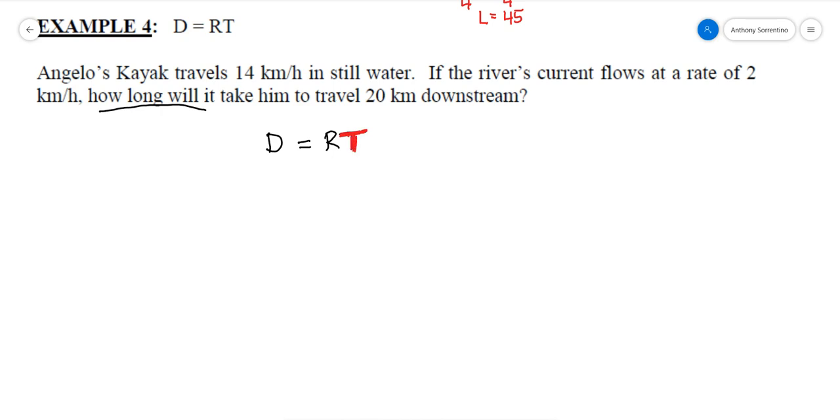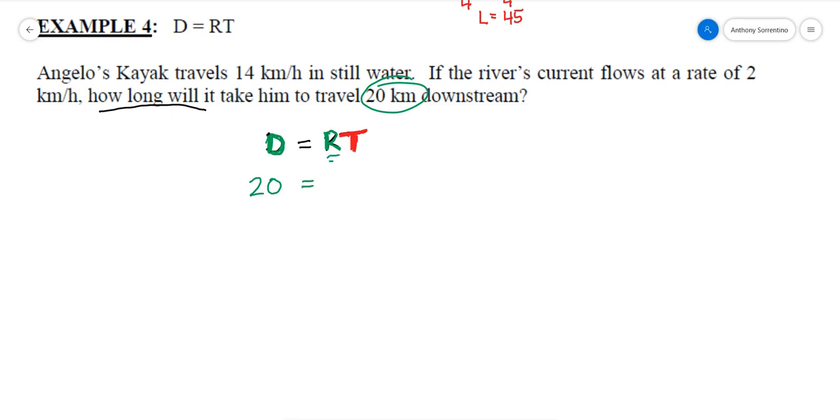That's what we're going to eventually be looking for. That means that r and d should be known based on the information they gave us. And, also applying any knowledge that we may have. 20 kilometers is the amount of distance that Angela needs to travel. So we know that this is 20.